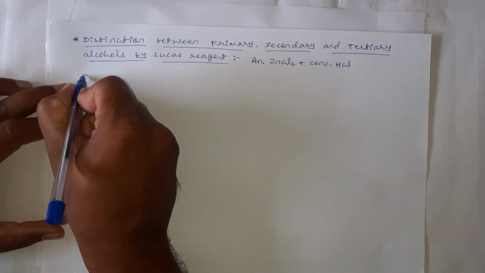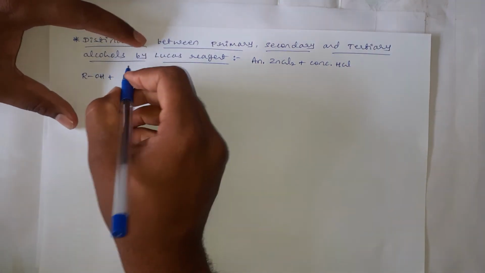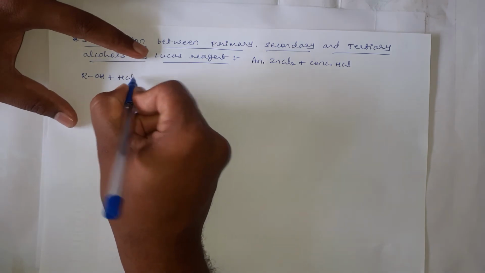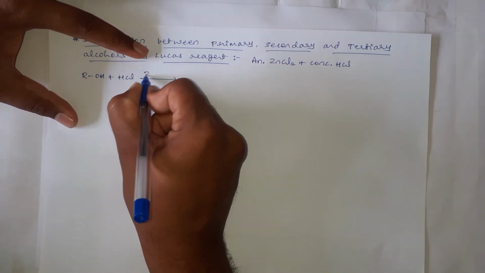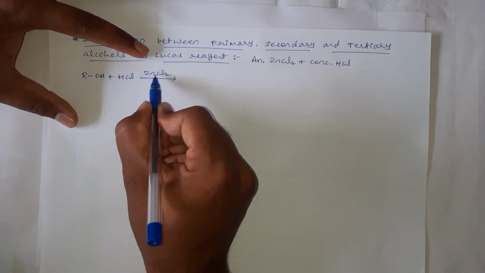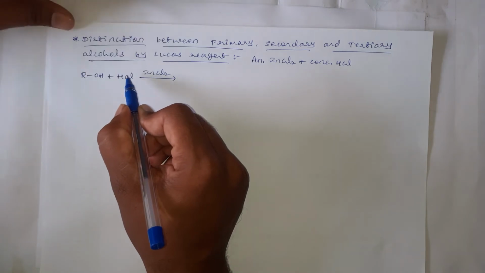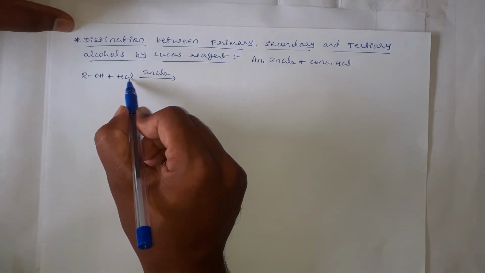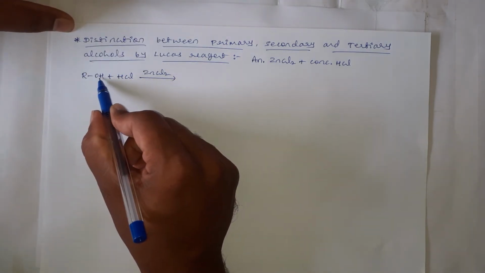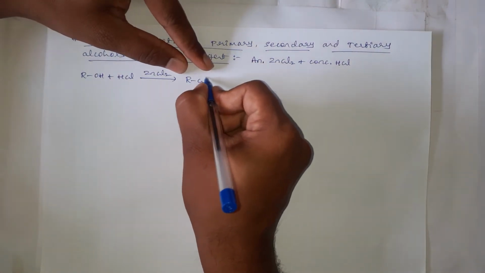Here, when the alcohols are treated with Lucas reagent, that is a mixture of concentrated HCl and anhydrous ZnCl2, this ZnCl2 will act as a catalyst and HCl will act as one of the reactants, and the chloride of this HCl will replace the OH of alcohol and forms RCl.